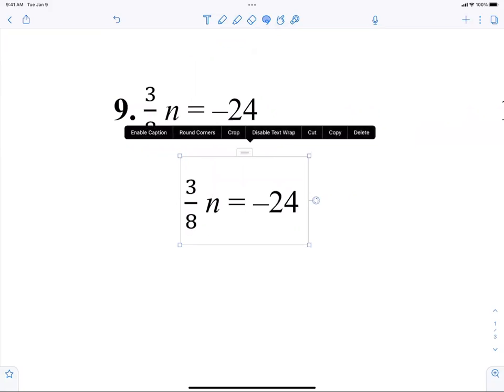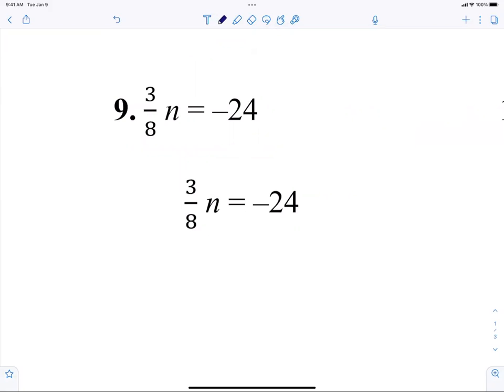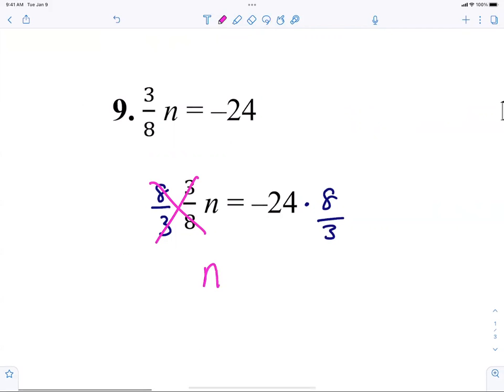So what's the reciprocal of 3/8? 8/3. So I need everybody to put 8/3 here, and I need everybody to put 8/3 here. Now remember, no calculators. So what happens now to the 3 and the 8? They all become 1s. That's correct. So now we have the variable n equals. Now, again, we should do the division first. What's 24 divided by 3?